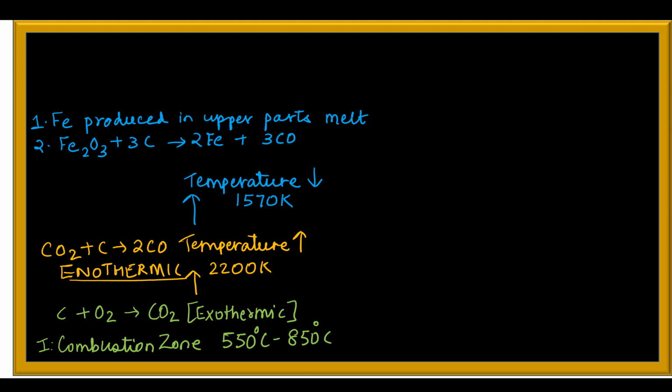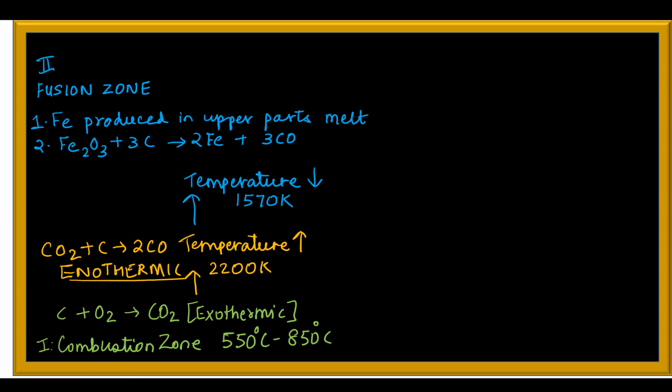There was some error in the formula for iron oxide that I'd written, which I've corrected. Okay, fine. So now this chamber is called the fusion chamber. I'm just making a note of it again. This is the fusion chamber or the fusion zone. So you had the combustion zone, then you had the fusion zone.